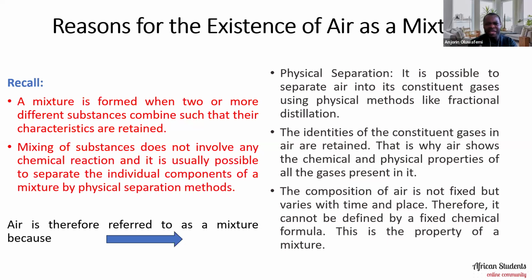This is a property of a mixture, and it is reflected even in air. Their composition is not fixed. They vary with time and place. Therefore, air cannot be defined by a fixed chemical formula. This is the property of a mixture, and that is why we say that air is a mixture.